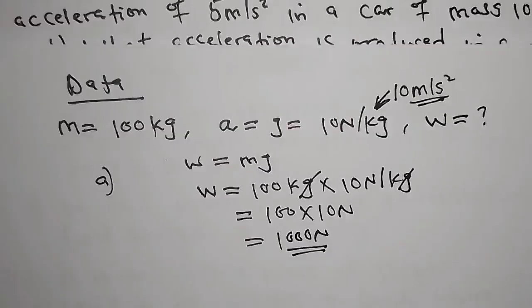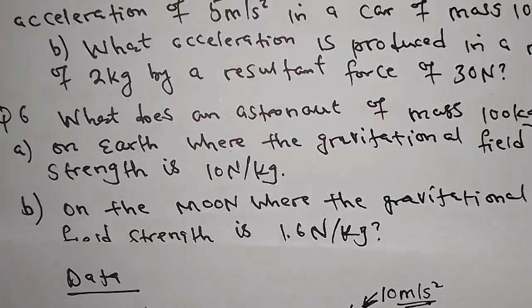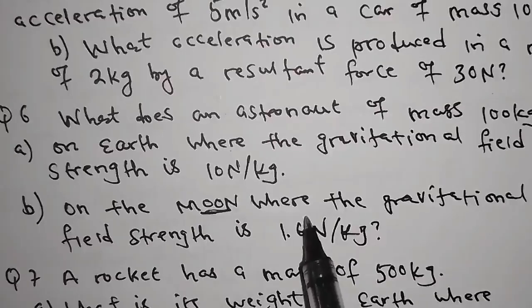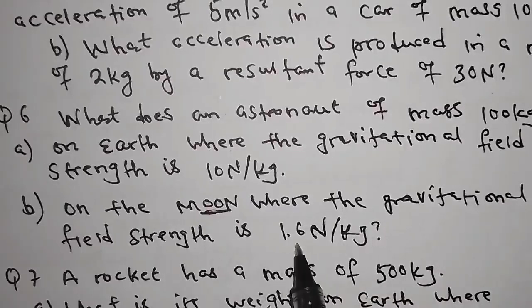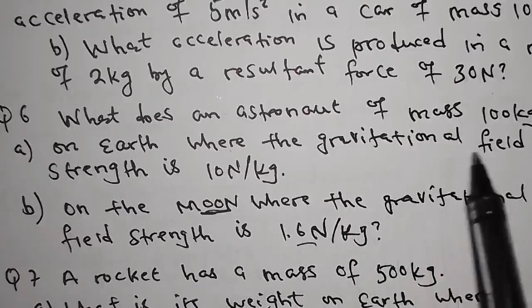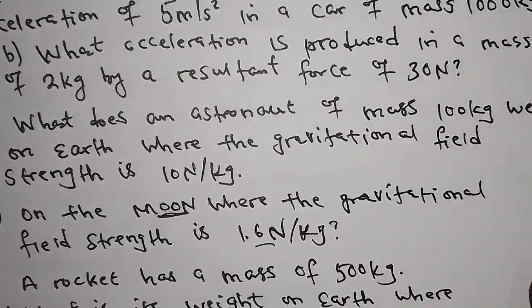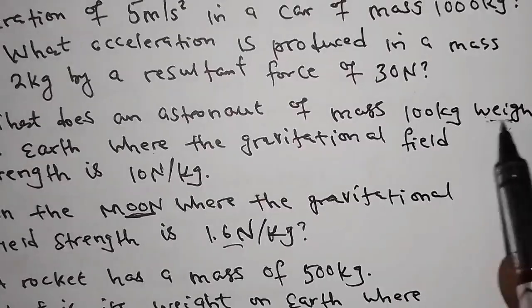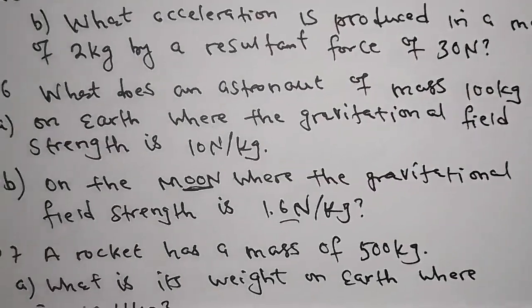Now let's move on and go to B. What does B say? They are saying on the moon, where the gravitational field strength is 1.6. Again, we are looking for the weight of this object. How much is it going to weigh?